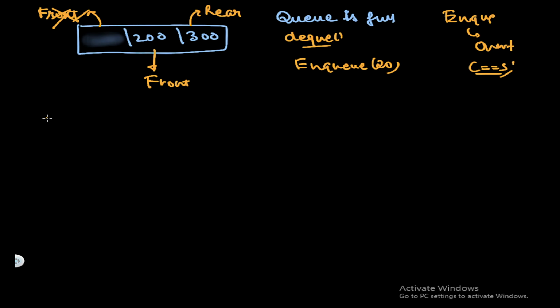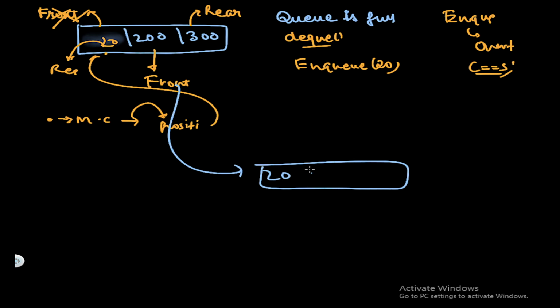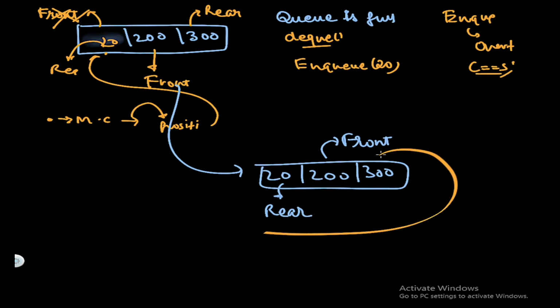So I will do some mathematical calculations, which I will talk about now, and after doing them, it gives me the position where to insert. It says this position is virtually empty for you, go and insert here. So here my 20 is inserted, and this is rear for me now. So now the queue has become 20, 200, 300, where 20 is my front element and this is my rear element. Again, if you see properly, this is a circular manner.